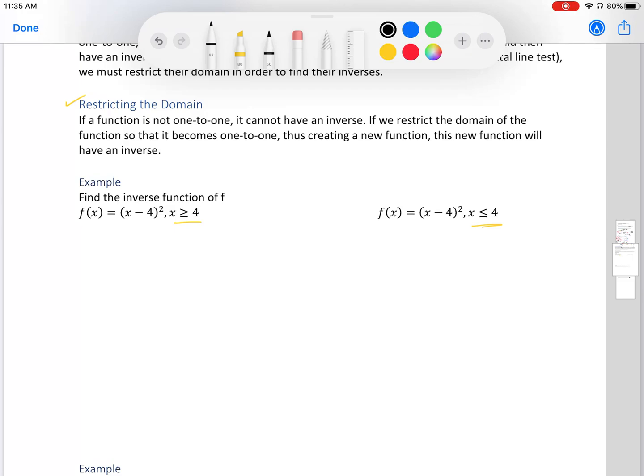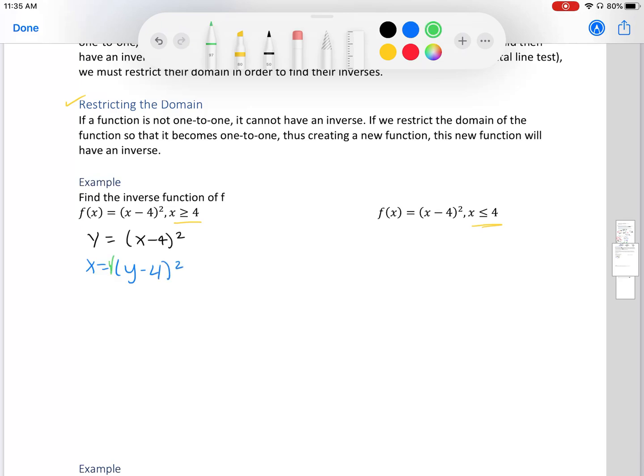So let's start with our inverse rules, so that I have y is equal to x minus 4 squared. Let's swap our x's and y's so that I have x is equal to y minus 4 squared.